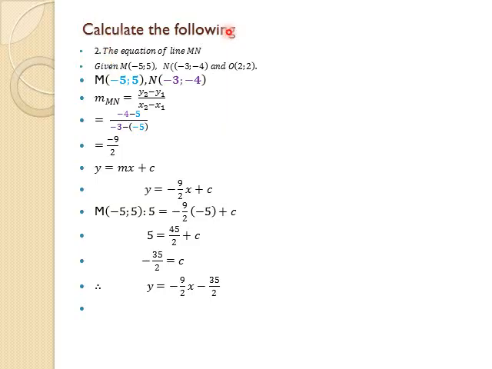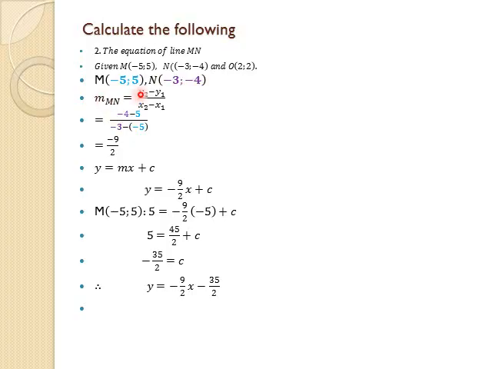Solving the equation of a line. So now they say calculate the equation of line MN, given same coordinates: M minus 5 and 5, N minus 3 and minus 4, O 2 and 2. So first we need to find the gradient of the line. We're working with M and N, so I have minus 5 and 5 and minus 3 and minus 4.